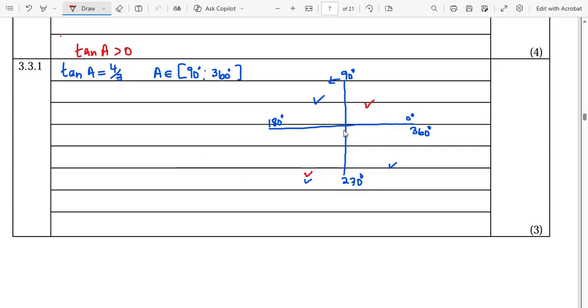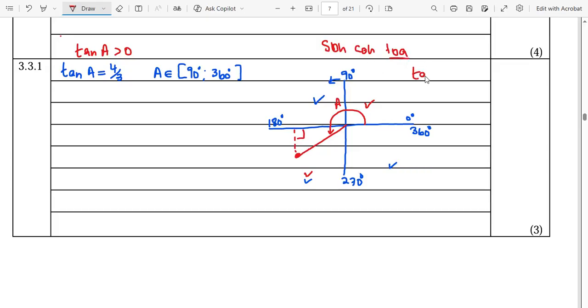So my diagram will look like this, and this will be my point here. Now I need to form a right angle triangle in that diagram, and this will be my angle A. According to SOHCAHTOA, tan is opposite over adjacent.